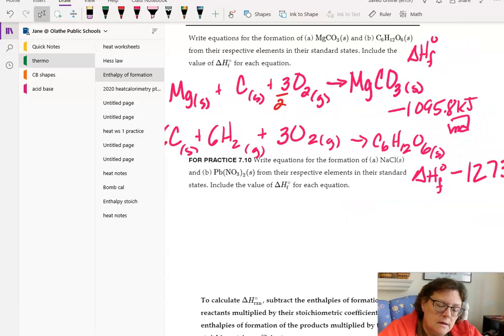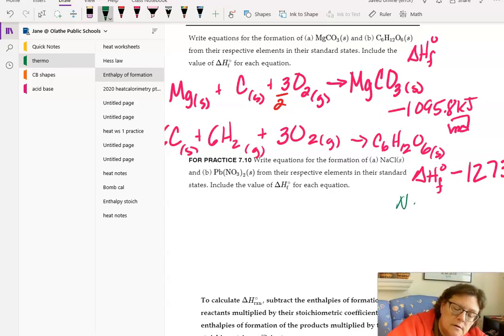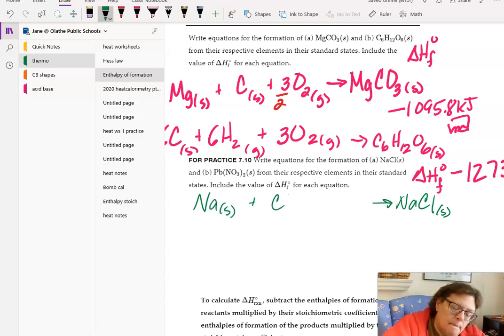All right. The next one, write equations for the formation of sodium chloride from its respective elements. Okay, sodium chloride. I'm changing fonts here, or colors, and it's changing. All right. That's what our equation would be.